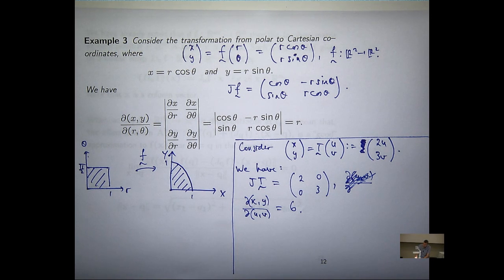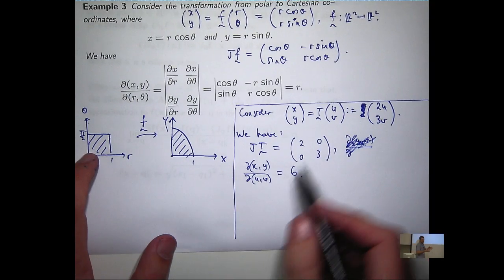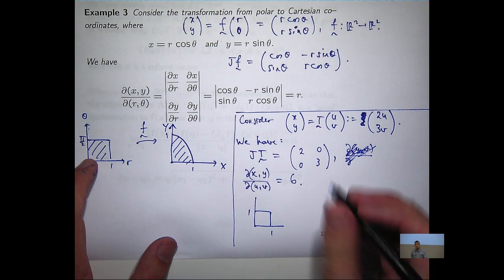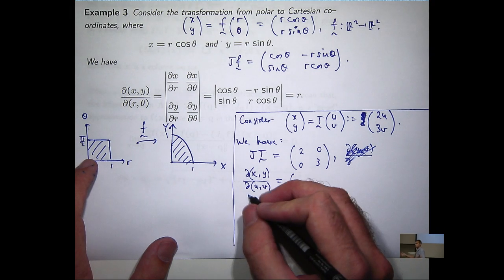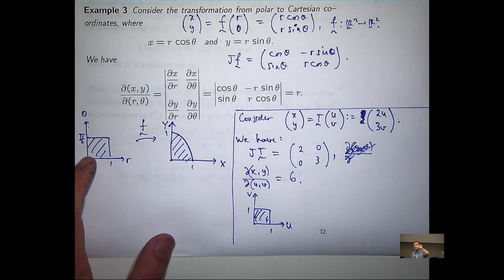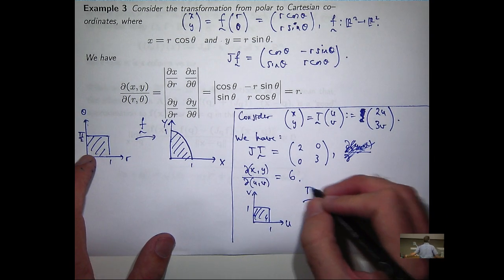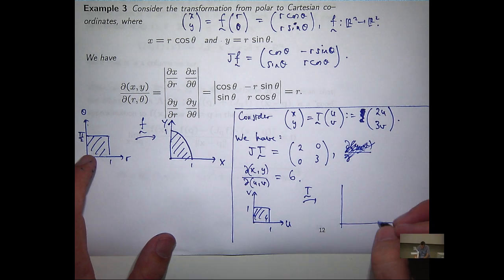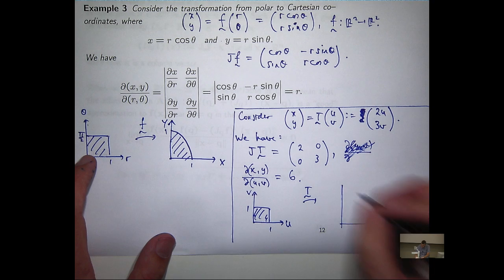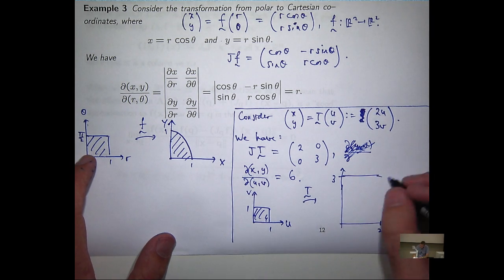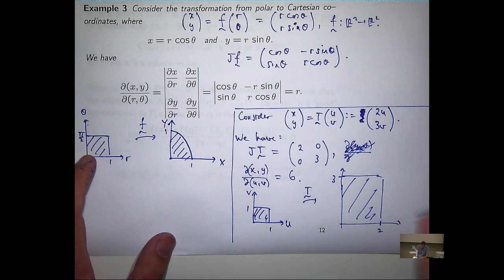But I'm even thinking simpler than that, and similar to this diagram over here, let's just draw in another, so this is, let's say, u and v, right? Under the transformation, what happens? Well, this goes out to 2, and this goes off to 3. Okay, badly drawn, but hopefully you get the idea.